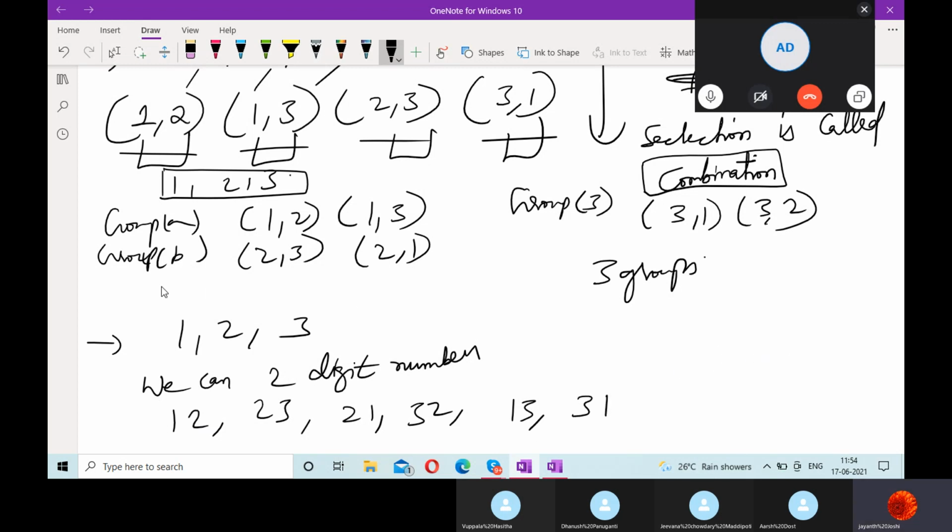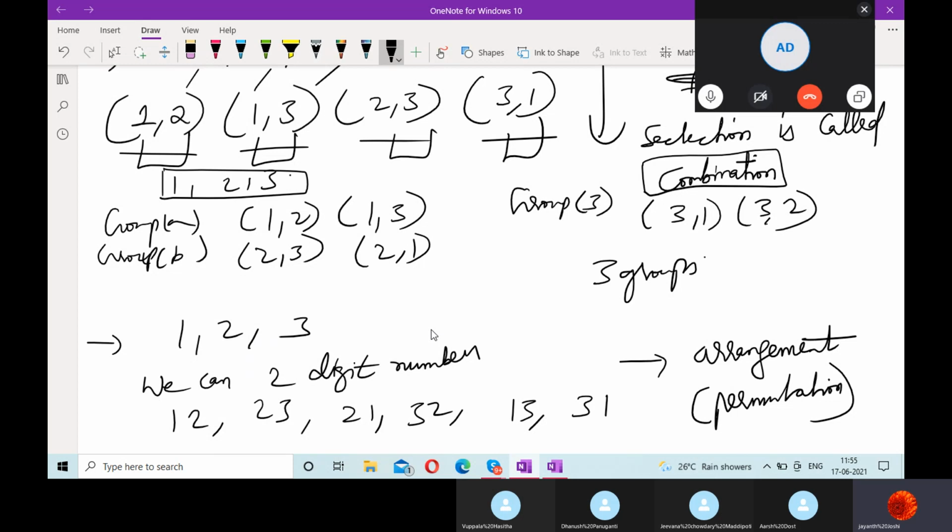When you take the numbers and try to arrange them, what are we doing here? We are not doing any kind of grouping. We are just picking the numbers and arranging them. This is called arrangement, and this is nothing but permutation. That is, selection and arrangement is permutation.